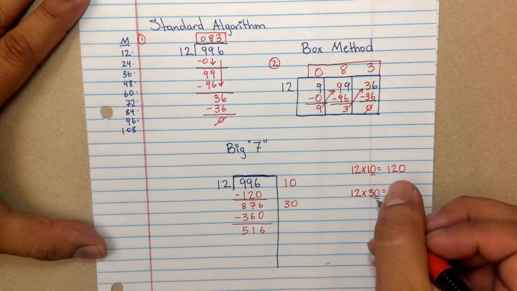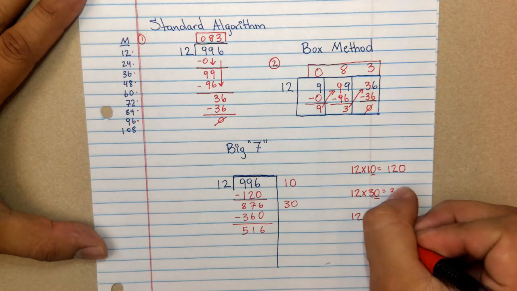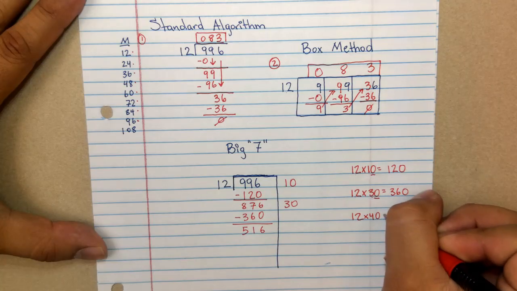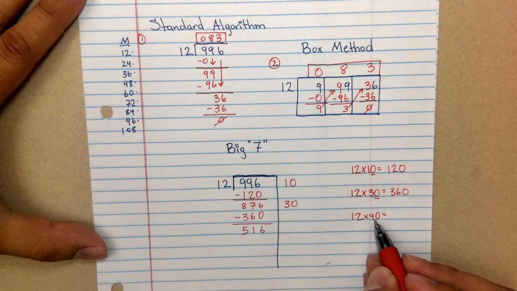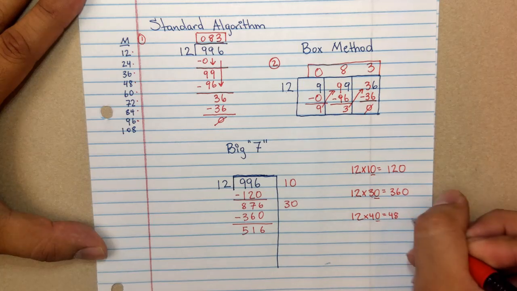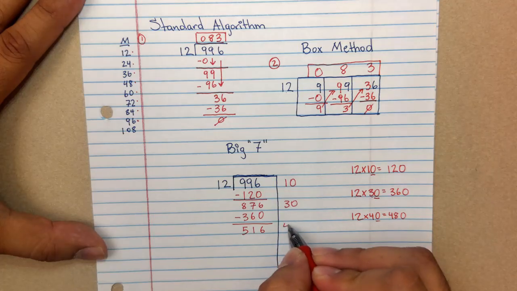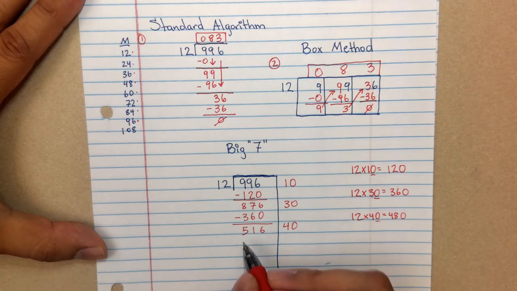Well, let's try 40. So right now we're at 516, so say 40. Well, 12 times 4 is 48, and then the 0 carries over to the product, so 480. That'll work. We're still under, so we can say, okay, another 40, and that's 480.